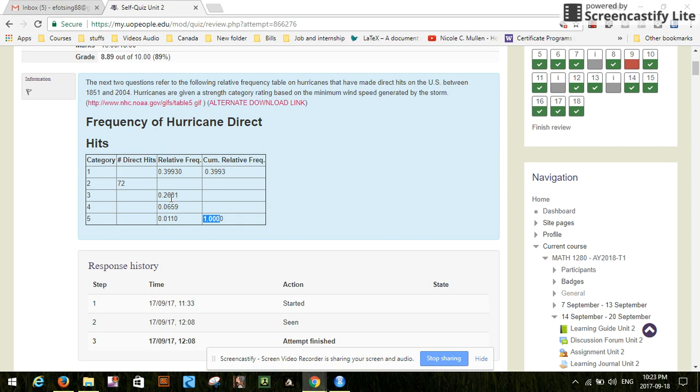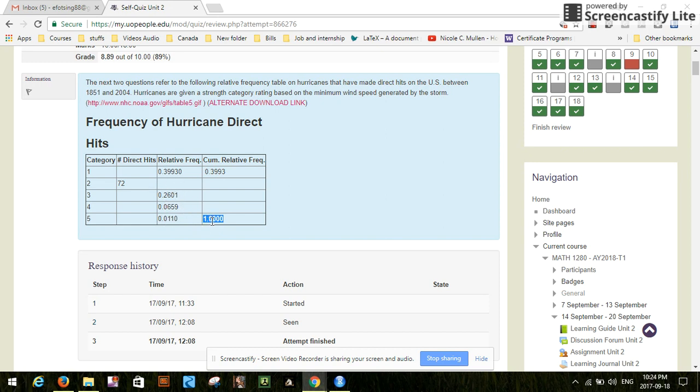When we talk about relative frequency, it gives you the proportion of each category. So let's say category 1 has a proportion of 39.93% and so on. The sum of the relative frequencies should always give you 1, so the last row of the cumulative will always be 1, because the sum of all the relative frequencies is 1.